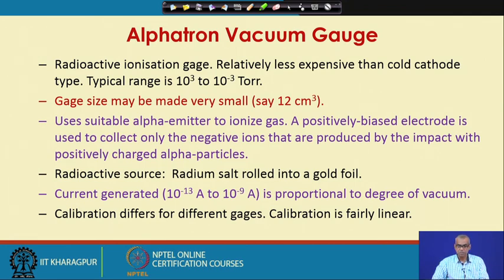Calibration differs for different gases. However, the calibration is fairly linear, which is an advantage. That the calibration is linear is true for all ionization gauges.